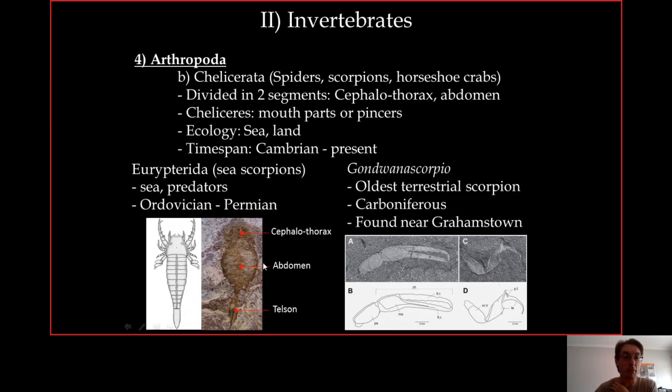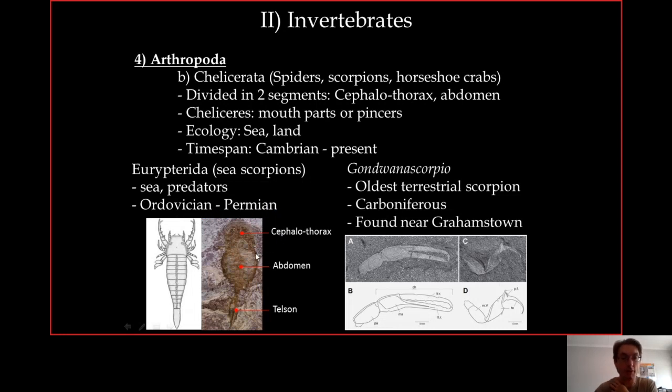And we have sea scorpions, sometimes also called pseudoscorpions. They are the Eurypterida, or eurypterids, that lived in the Ordovician to the Permian. These are very interesting index fossils because they are typical of quite a narrow part of the Paleozoic.